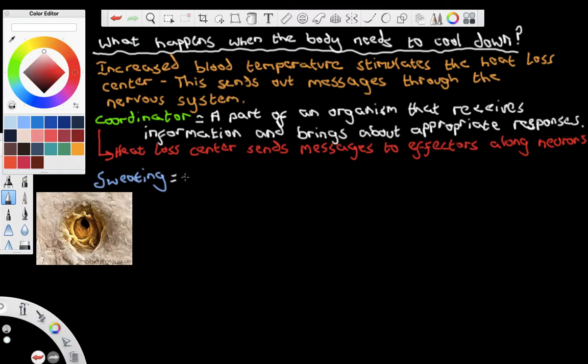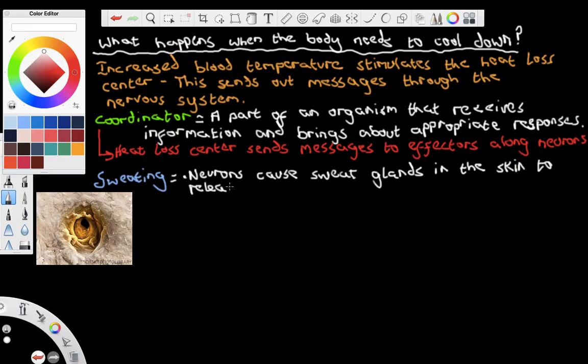So we can say, next to sweating, that neurons cause sweat glands in the skin to release liquid.